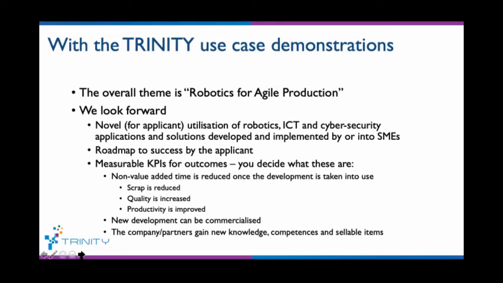Of course, you have to decide what these KPIs are. As a professor of production engineering, I always looked at how the non-value added time is reduced. Of course, you can reduce the non-value added time if the scrap is reduced, if the quality is increased, if the productivity is improved.